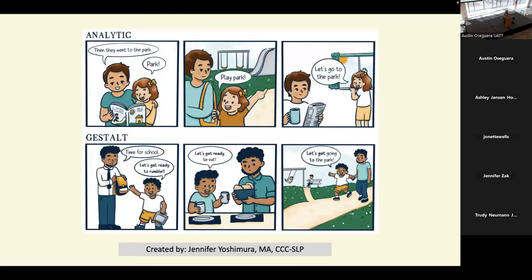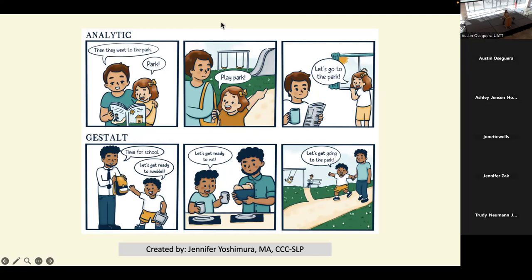And this is another graphic that I think is really helpful because it shows the progression of Gestalt language processing versus analytic. So we have that 1 plus 2, you're adding pieces to it on the analytic side. They went to the park. And then she goes to putting 2 words together, play park. And then as she's developing later, she's saying, let's go to the park.